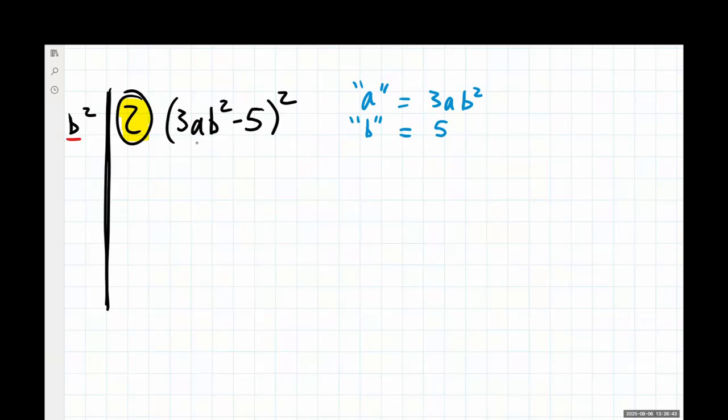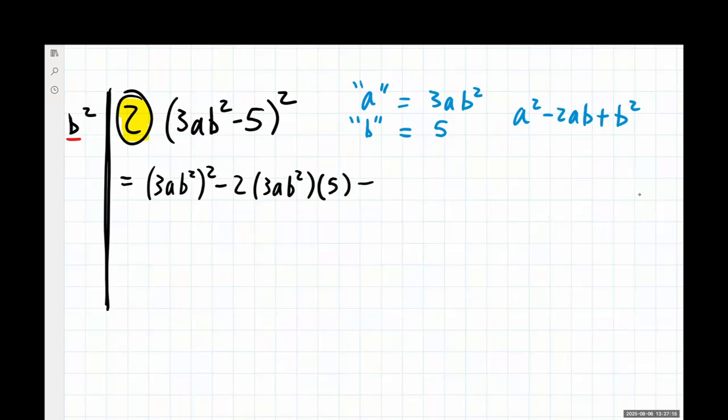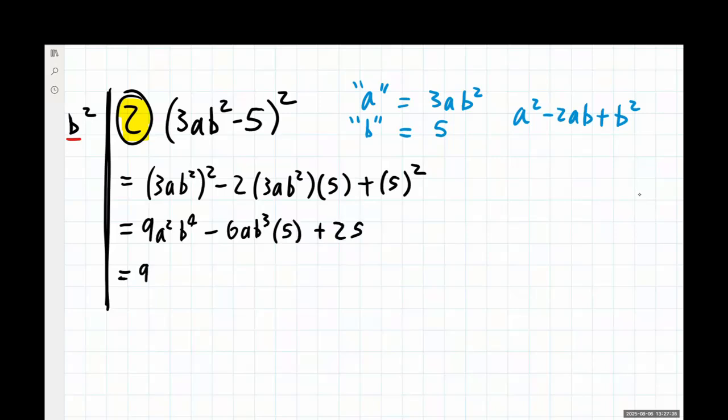I can then plug this in for A and B in the general one that we have here, and then I can plug values in and get to my final answer. And here I'd have my final answer.